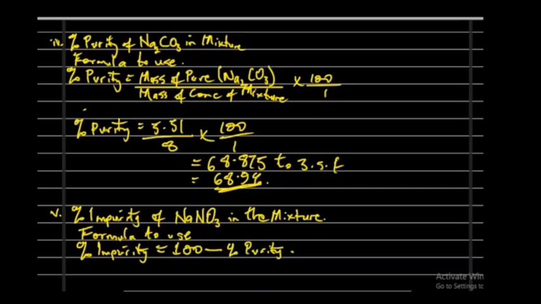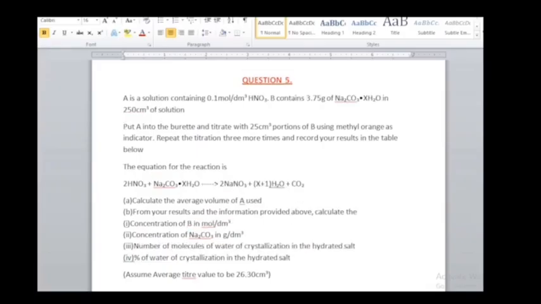Since we just calculated percentage purity, we can easily do this one. 100 minus 68.9 gives us our answer to be 31.1%. So this is the percentage impurity of sodium trioxonitrate in the substance. So that is about question 4. To question 5 now.